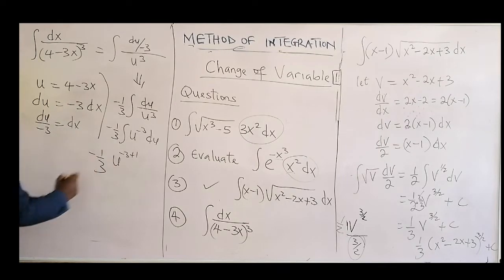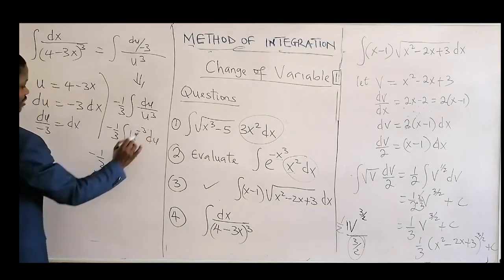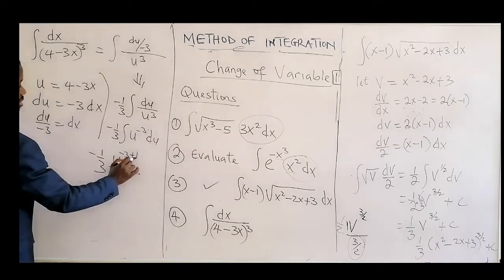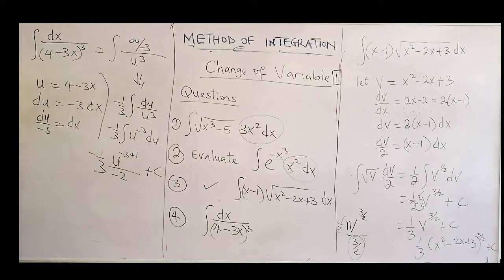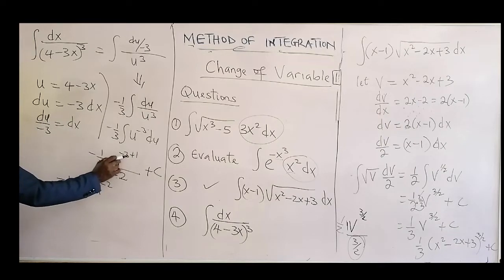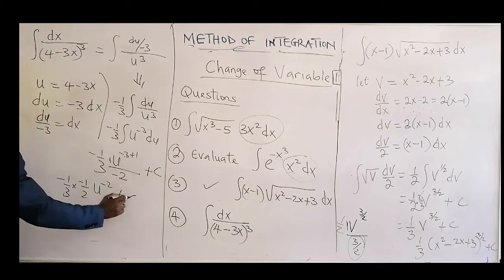Okay, that's a standard general way to integrate. Plus 1 over minus 3 plus 1, that's minus 2. Okay, plus c. So this minus 2 here means 1 over minus 2.